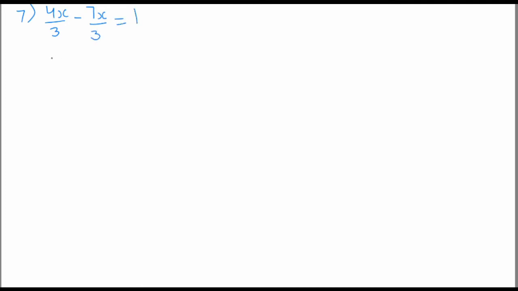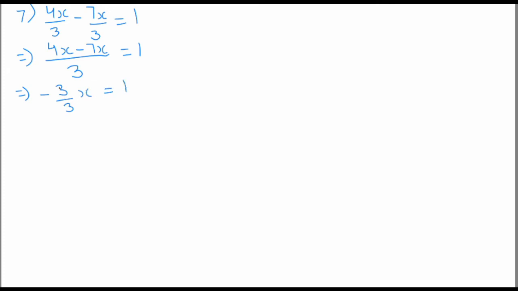It's good, both the denominators are the same. These are like fractions, so we have to do nothing. Just write the numerator as it is and the denominator one time. So what we get is minus 3x over 3 is equal to 1.